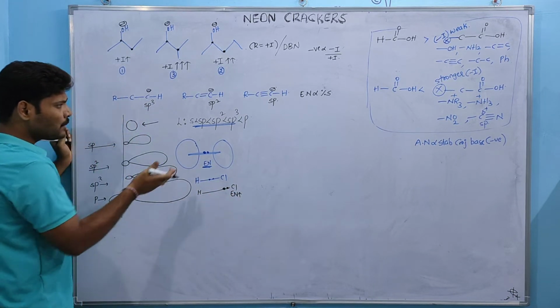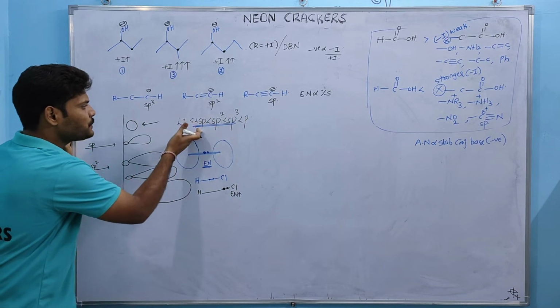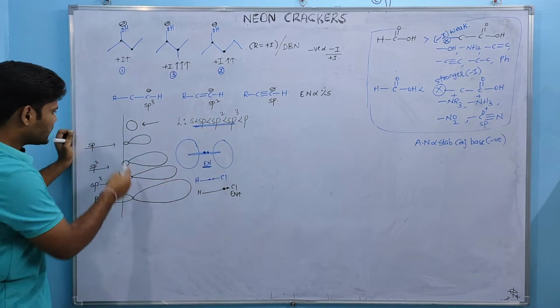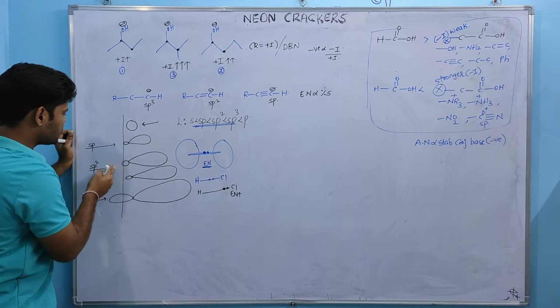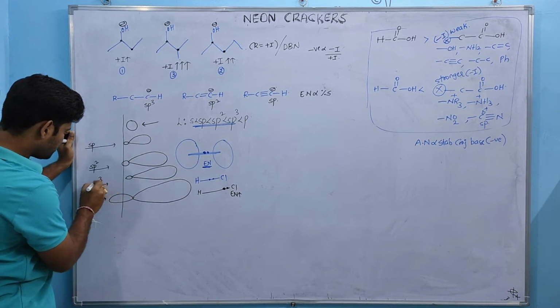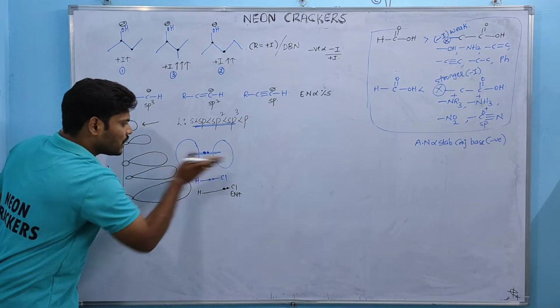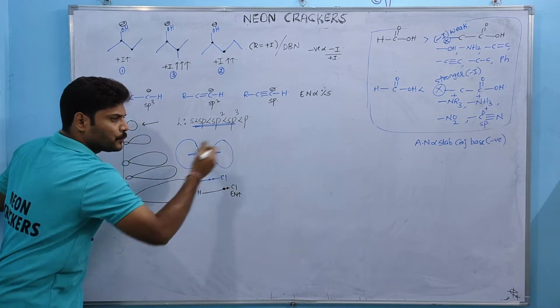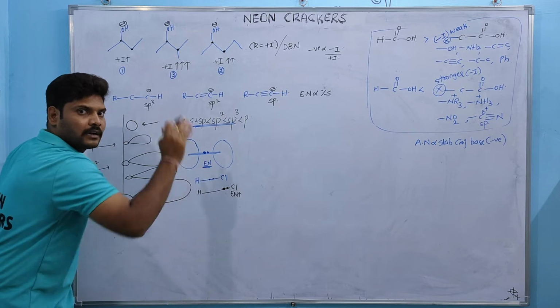Now among these three hybrid orbitals, sp, sp2 and sp3: sp is very near to the nucleus, sp2 is somewhat far away, and sp3 is farther away. As the distance increases, the polarity towards the nucleus decreases.